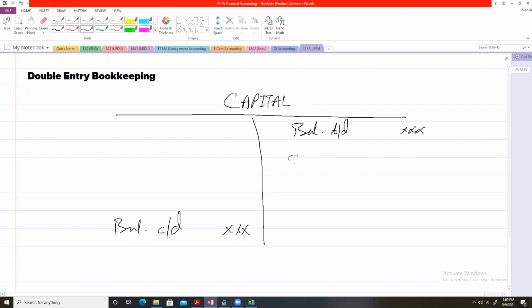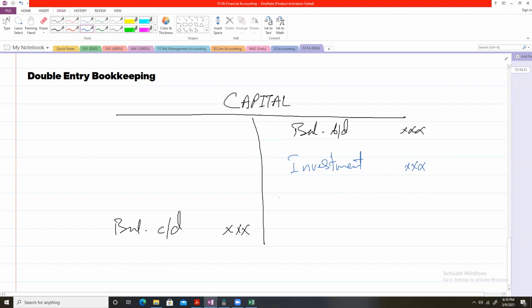So the investment made by the owner should appear on the credit side. Why? Because investment increases capital, and when capital increases, we credit the capital account. That's why investment appears on the credit side of the capital account.